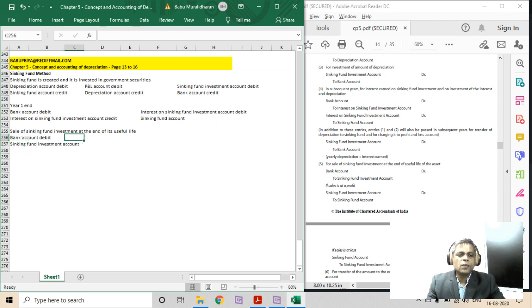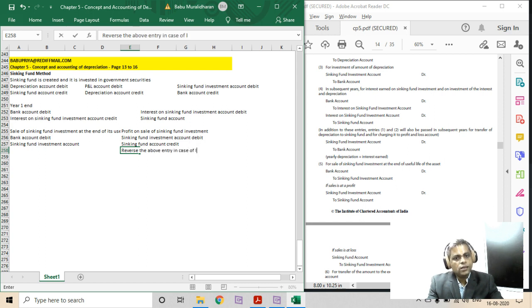If the sale proceeds happen at a profit, then sinking fund investment account debit to sinking fund account, sinking fund account credit, as profit on sale of sinking fund investment. Reverse the above entry in case of loss. So this is clear, right?